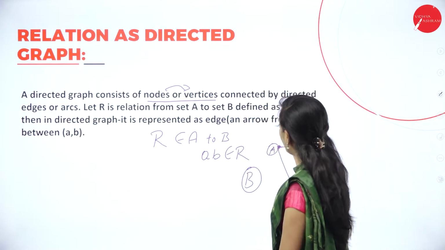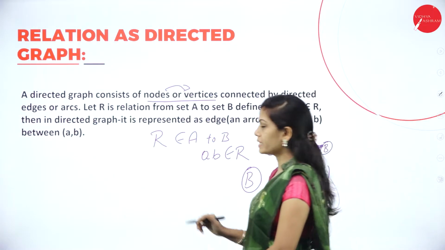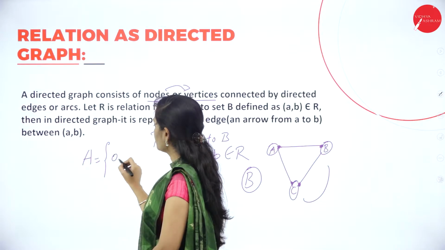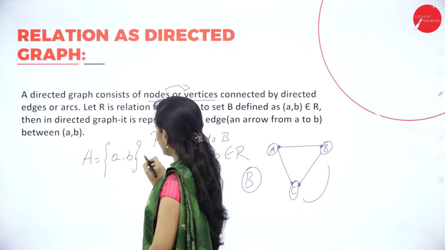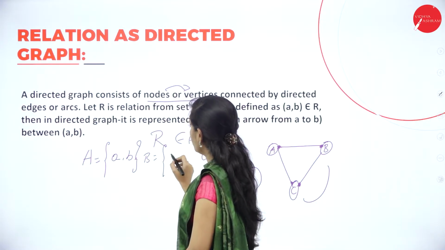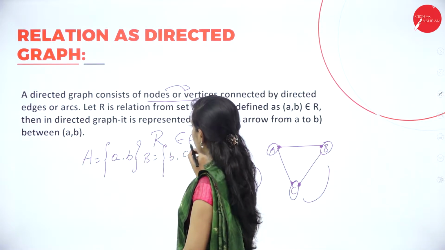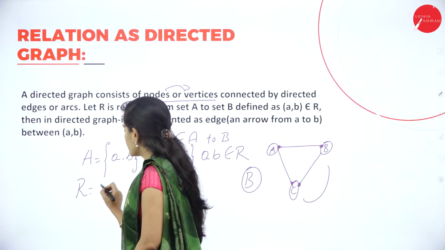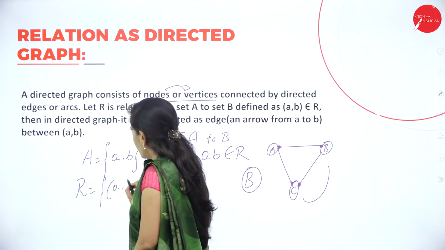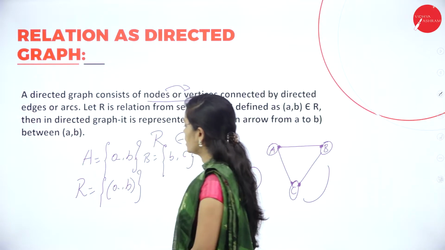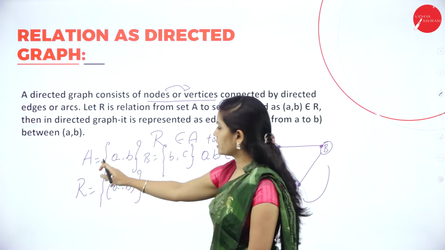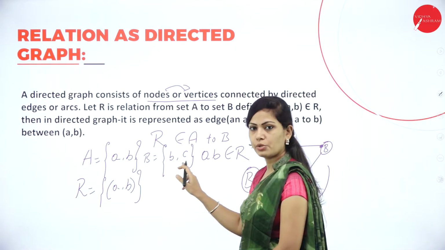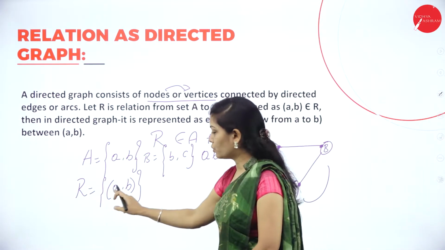Here I have two sets, set A equal to {a, b} and set B equal to {b, c}. In relation R, I have R equal to (a, b).